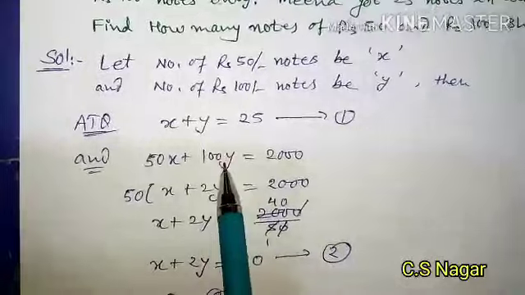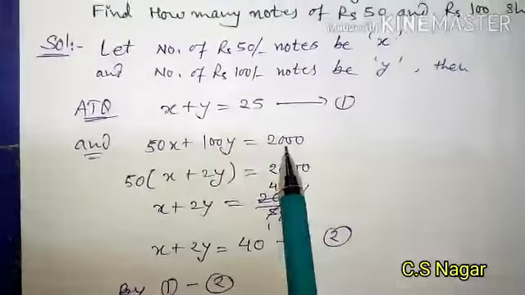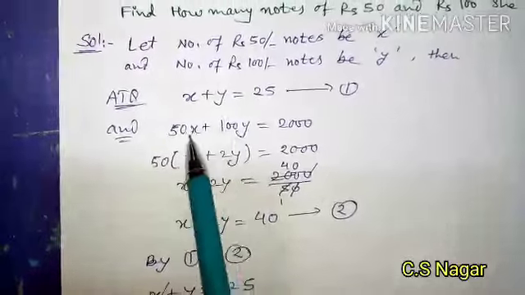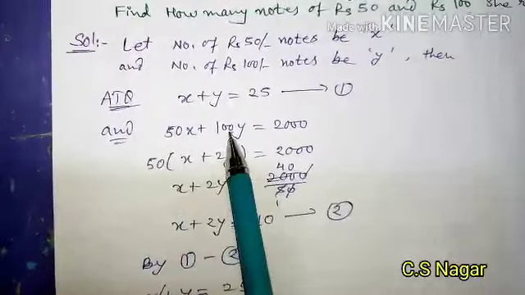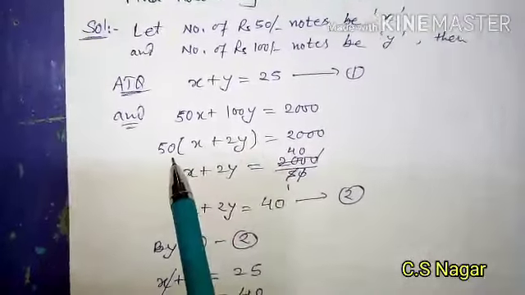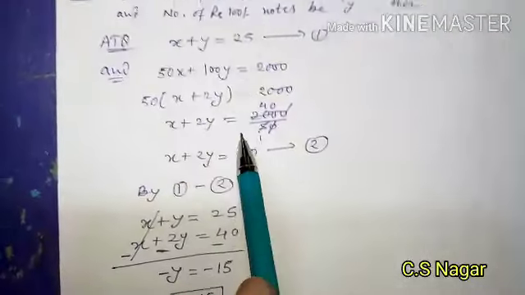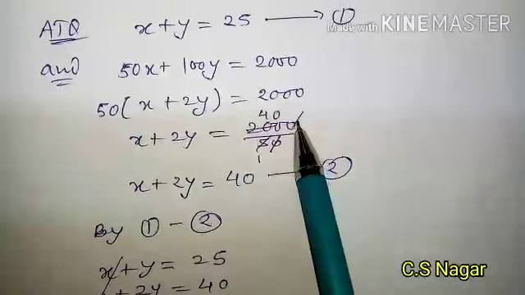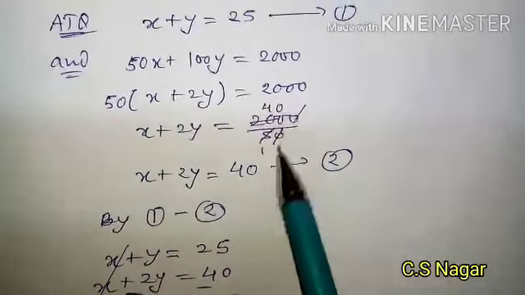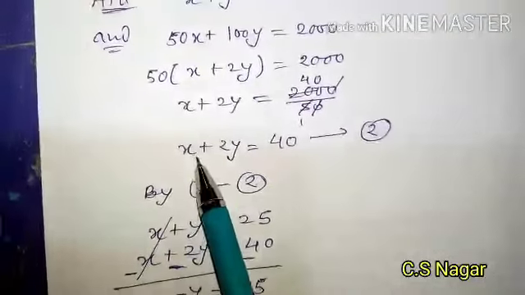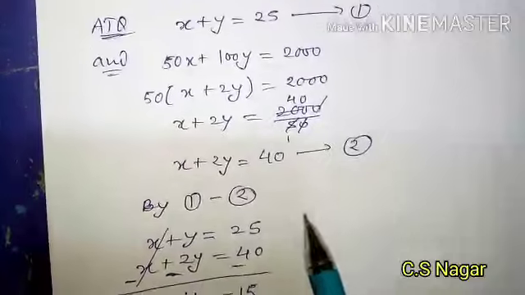Here 50 is common, so dividing by 50, it is x plus 2y. Now 50 transfers to the right side, so x plus 2y is equal to 2000 upon 50. The zero cancels out, and 5 fours are 20, so it will be 40. So our second equation is x plus 2y equal to 40.